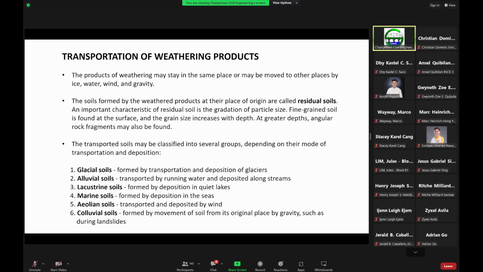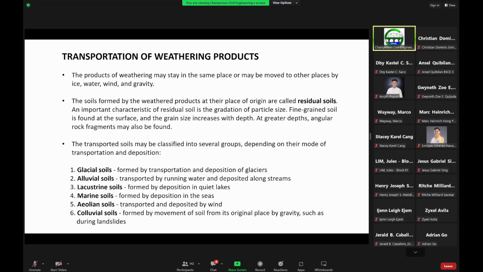Then you have marine soils formed by deposition in the seas. And then we also have aeolian soils, which are transported and deposited by wind, such as these loess soils. Okay. And then you also have colluvial soils formed by movement of soil from its original place by gravity, such as during landslides.